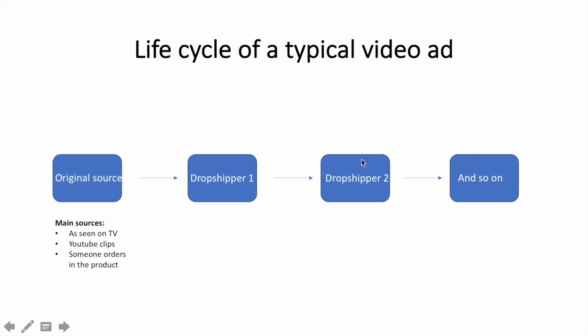It's a constant recycling of content. And as I've said before, Facebook's algorithm knows about this, and the more times it's been copied over and over, the less likely it is that your ad will be successful, because Facebook loves new, fresh content. They want new creators who are bringing fresh ideas to the platform every day.